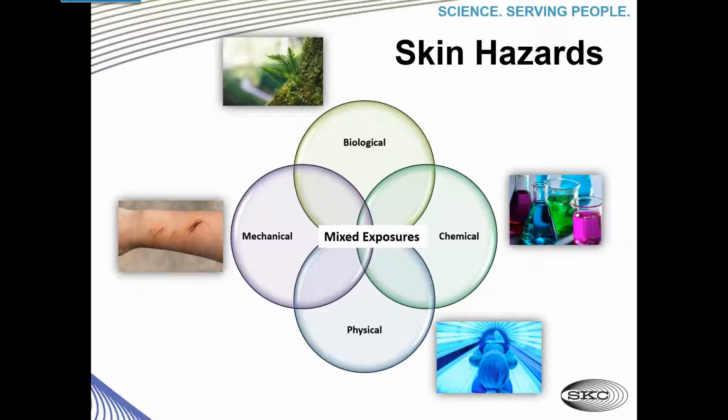Chemical agents, which are the main cause of occupational skin diseases and disorders, are divided into two types: primary irritants and sensitizers. Primary or direct irritants act directly on the skin through chemical reactions. Sensitizers may not cause immediate skin reactions, but repeated exposure can result in allergic reactions. It can also be a mixture of all these components that could do great damage to our skin.